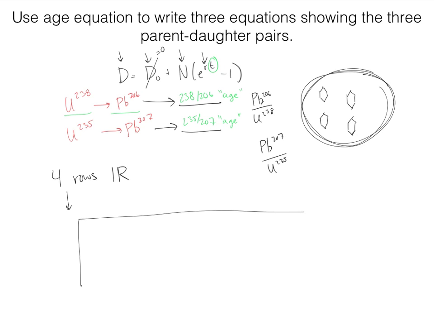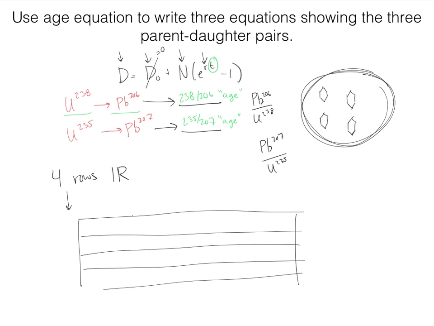So when you do that, you'll enter them in the data table that I have on the problem set. So there's 4 of them, and you're going to put in the 238-206 age and the 235-207 age. All right, so how are you going to make those calculations?